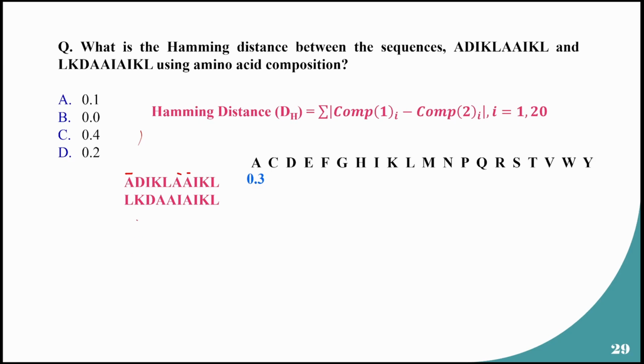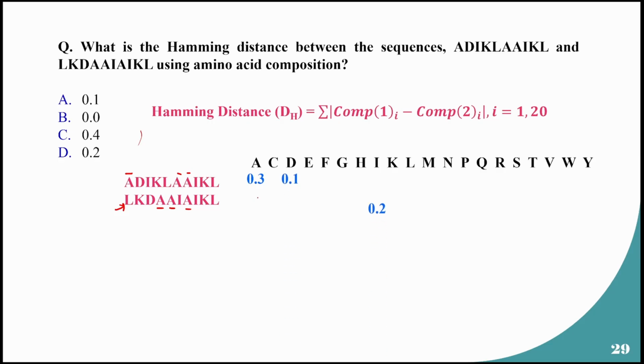Again, for the next sequence, sequence 2, you will have to calculate the same thing. So the composition of alanine in this particular sequence: 1, 2, 3 alanines are present here. If you calculate the composition for sequence 2 also, you will get a value of 0.3.